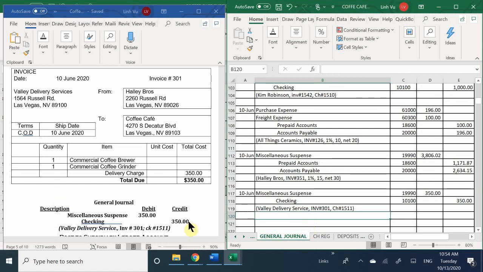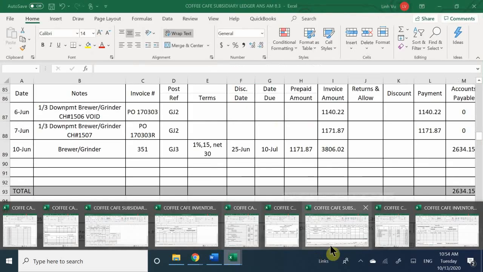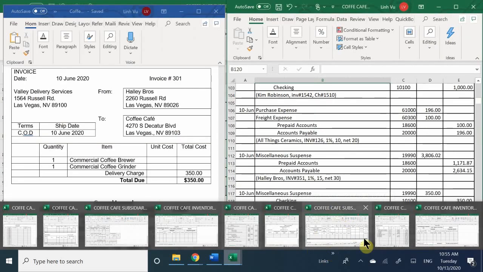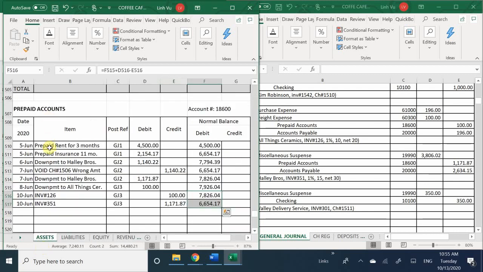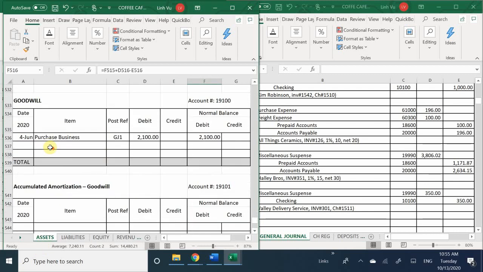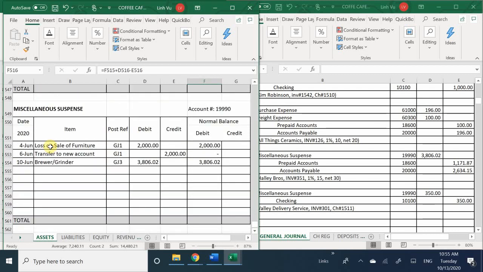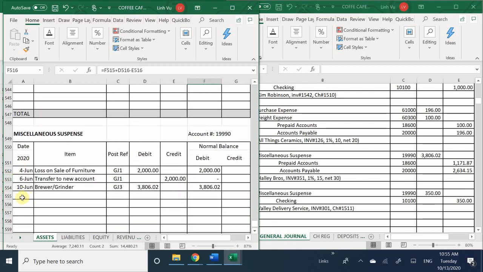Now I'm going to go ahead and update my inventory worksheet. I'm sorry. What am I talking about? I'm going to go ahead and update my ledger account. Okay. So things that I've recognized is I have to go back to the miscellaneous suspense. All right. So that's an asset. So here I am under prepaid accounts. So I'm going to scroll down to miscellaneous suspense. All right. I'm going to go ahead and indicate the date.